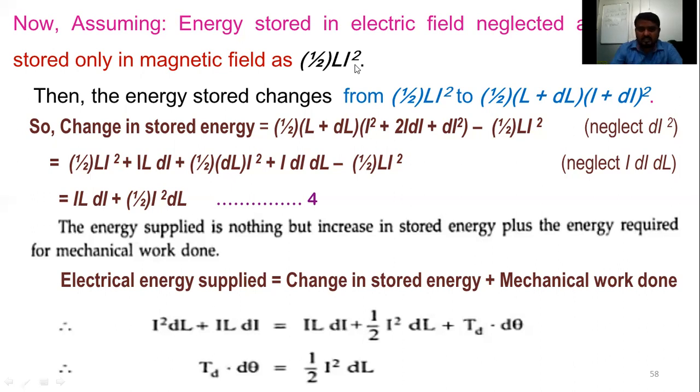Initial condition, energy stored in the magnetic field is 1 by 2 L i square. When we change the supply voltage, this inductance L will change. So the total inductance will become L plus dL, right? And the current will become I plus the change in current, which is called dI.